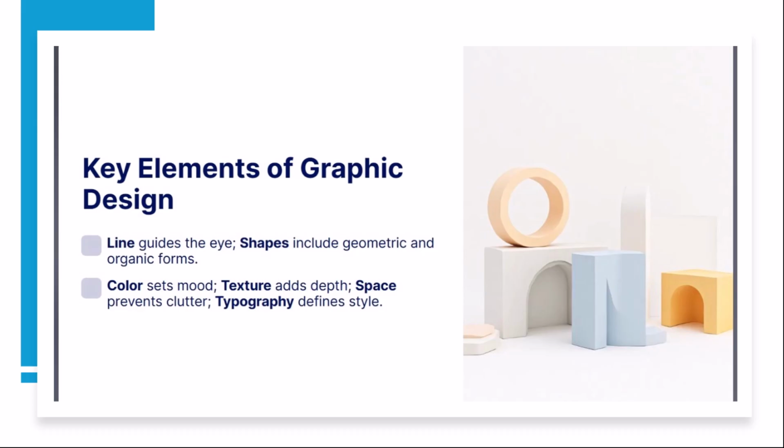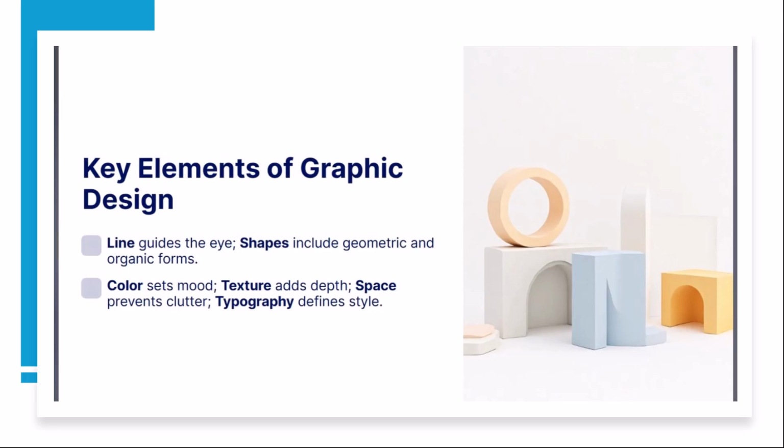Okay. Now, texture is all about adding depth, adding a touch feeling to your design. Space, what space does as an element of graphic design is help to prevent clutter. So we have white space, we have negative space. For example, if you look at the textual design of this very slide, you will notice that in every line there is space.